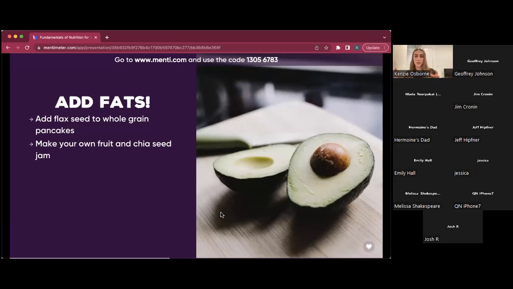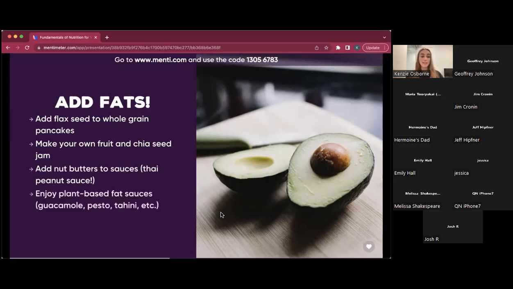Those chia seeds release a gel-like substance when they sit in a liquid, so they will make a jelly-like texture. Adding nut butters to sauces, like a Thai peanut sauce or a tahini sauce, is a really great way to add some fat.